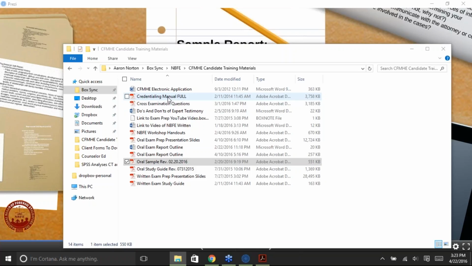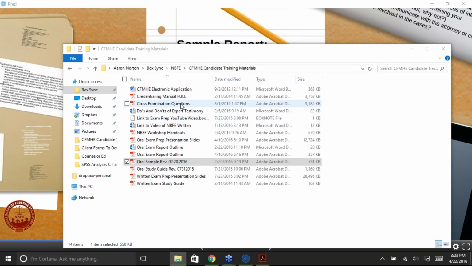It's supplemental information for the kind of information that we provide for those of you who attend that 8-hour workshop that we provide in Florida and at the AMCA conference. It's got a lot of information that helps you to prep, and background information on the MBFE and on the certification process as well.